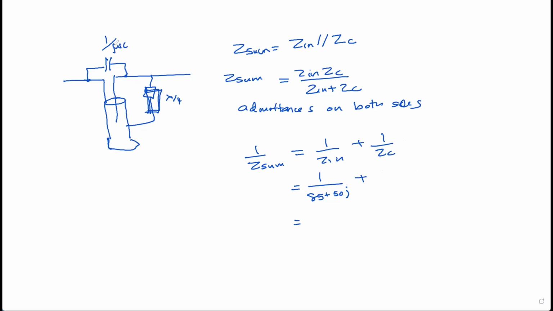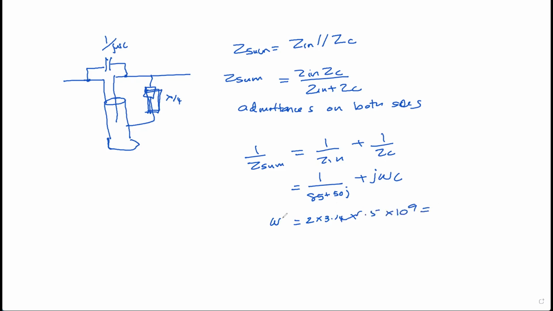So 1 over ZC, which is 1 over j omega c, means j omega c. The C value is what you are trying to calculate. The omega value you know from the equation omega is equal to 2 pi f, so omega is 2 times 3.14 times the frequency, which is 1.5 times 10 to the 9.